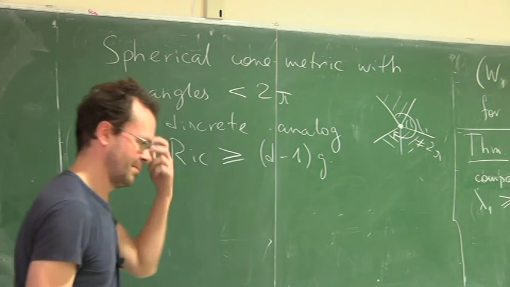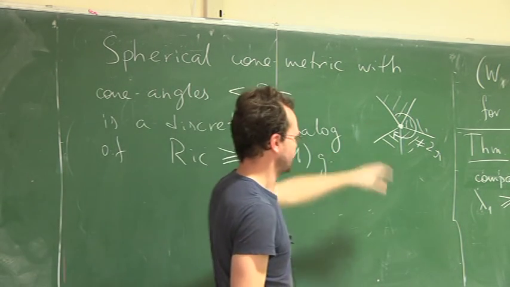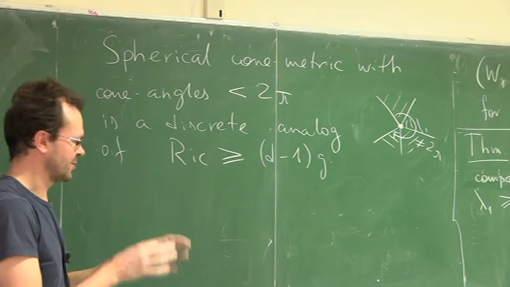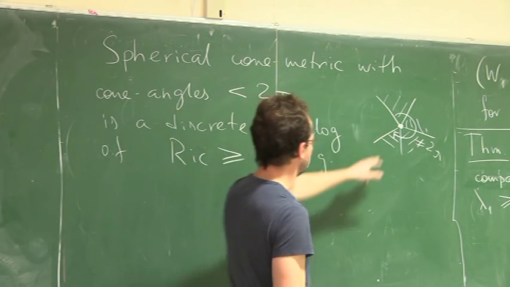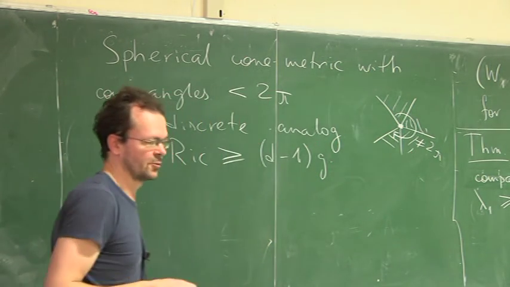Because in these polytopes themselves, the curvature is exactly 1, and here there is some even more positive curvature.